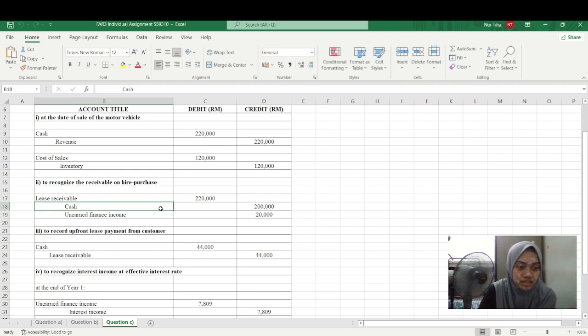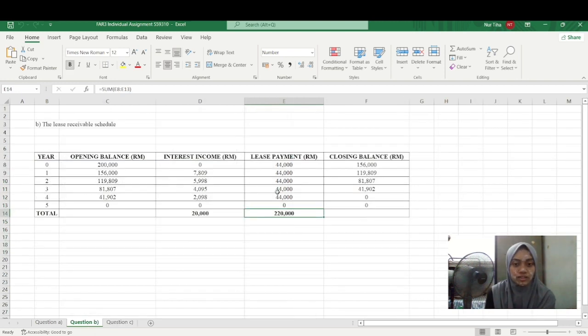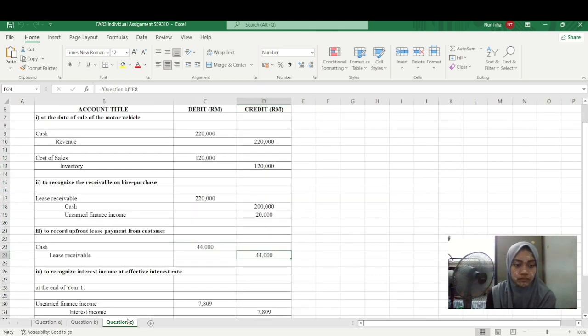Next is to record the upfront lease payment from the customer. We debit cash 44,000, and we credit lease receivable 44,000, and this amount we can also get at question B, which is the amount of installment.